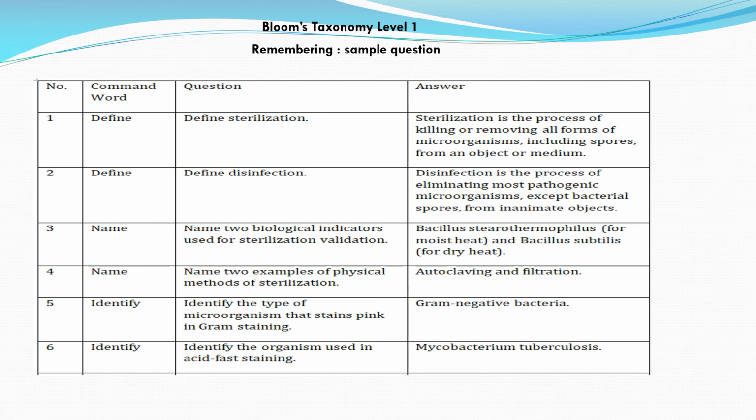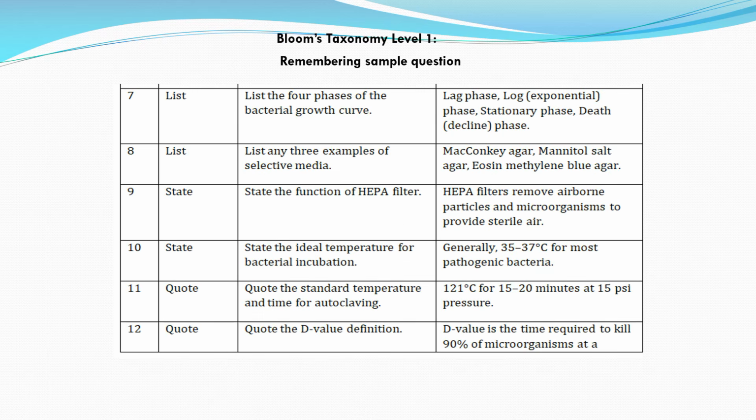Identify the type of microorganisms, identify the organism used in acid fast staining. These are very basic and very short questions where we can give the answer very specifically. These are also different kinds of questions where we can use the remembering type.